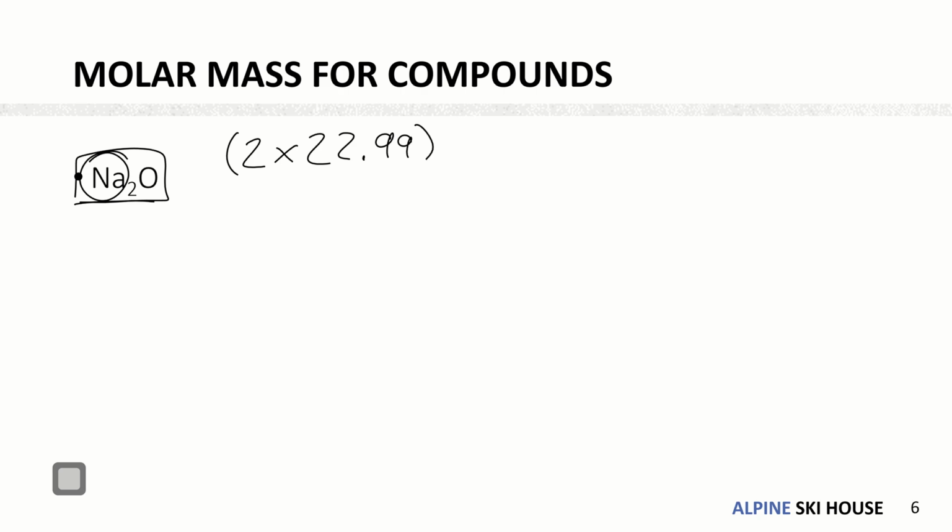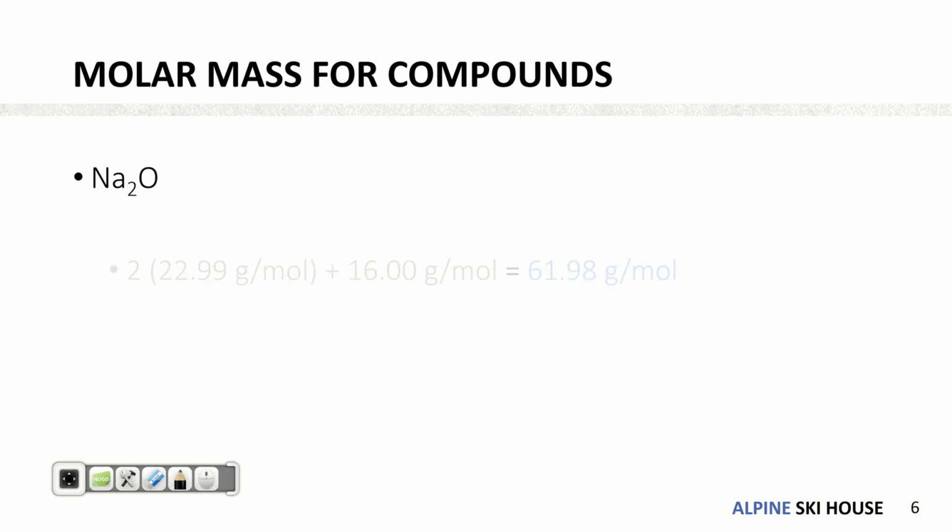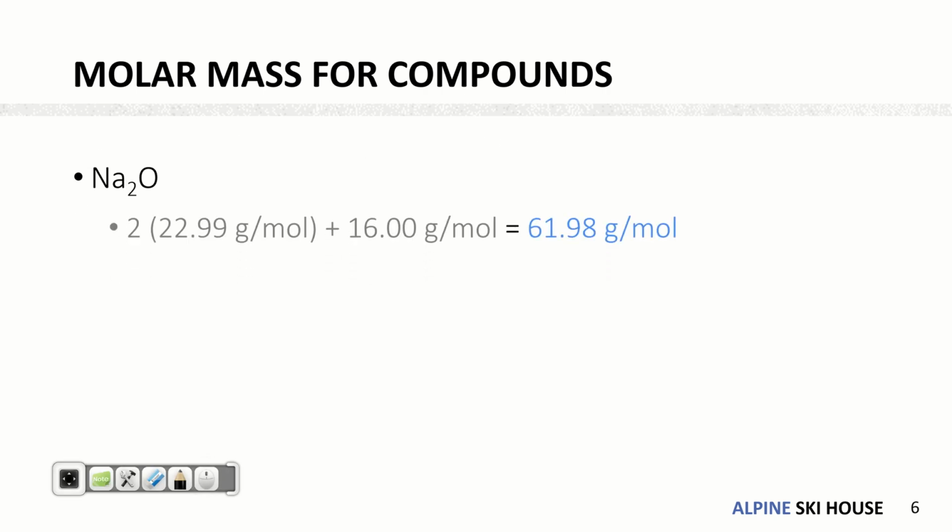Because the idea is every single sodium oxide compound has 2 atoms of sodium. Each of those is 22.99 grams per mole, so I need to multiply that by 2. I then add that to the 1 oxygen, which is 16. Okay? And I would add those 2 together, and I get, there you go, 61.98 grams per mole.